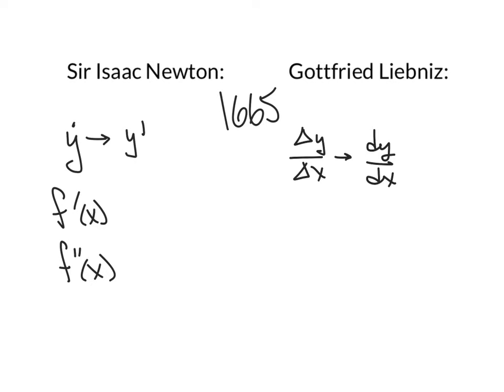So the slope of the tangent line being dy over dx. So notationally, these can be used interchangeably, either this prime notation or the dy dx notation. With Leibniz, if we were talking about a specific function, say x squared, we would say d dx of x squared, being the derivative with respect to x of x squared.